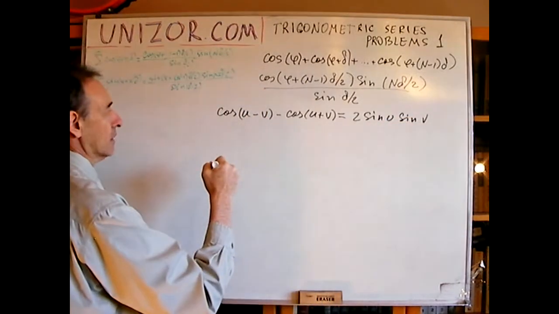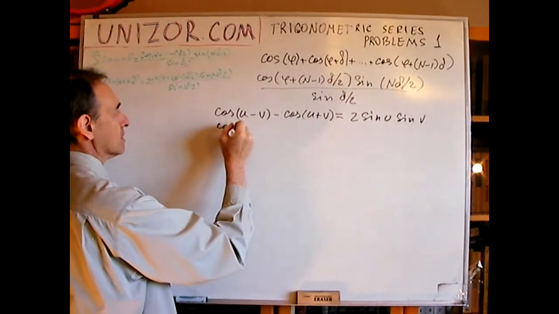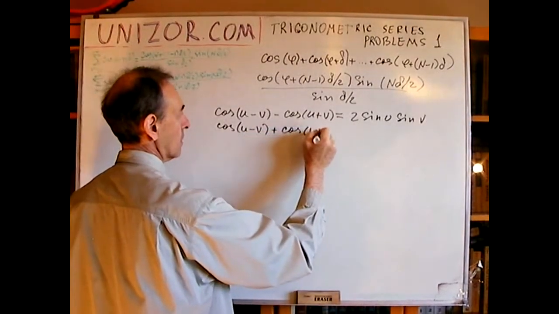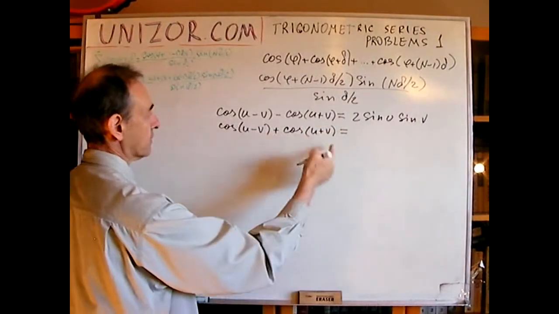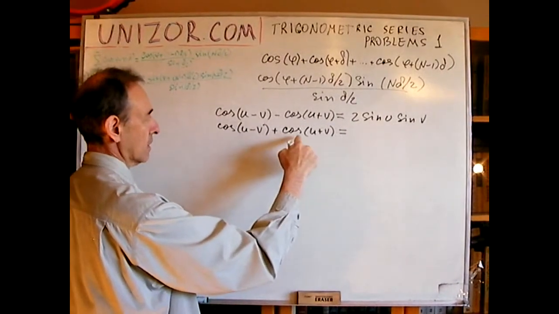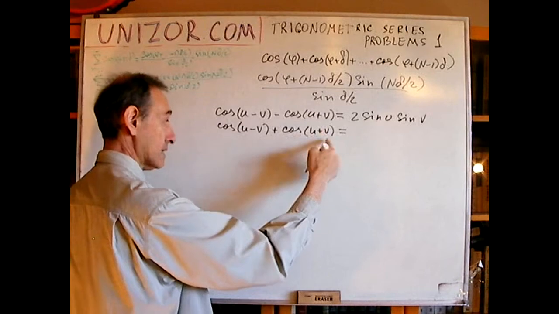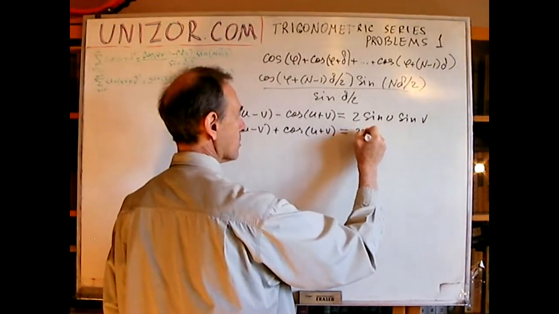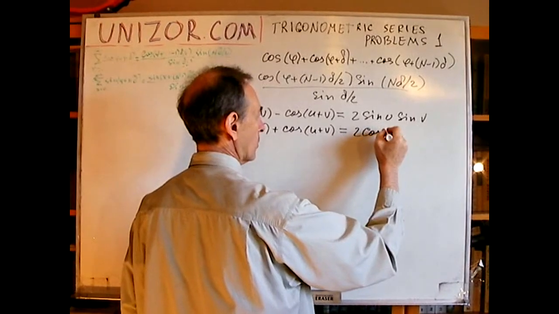Similarly, if I add them together, I will have cosine cosine plus sine sine, cosine cosine minus sine sine. So the sines will cancel, and I will have as a result 2 cosine u cosine v.